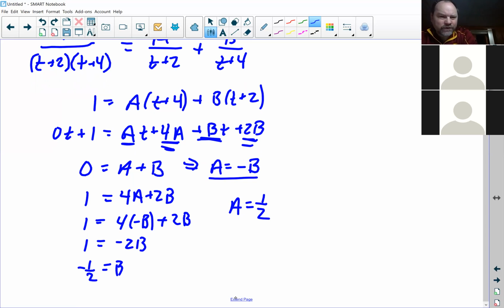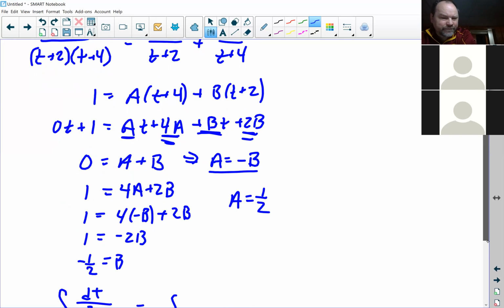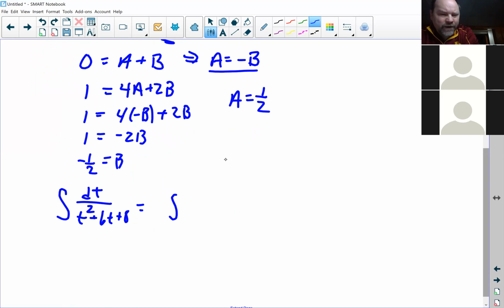So all of that work gets me to write the integral of dt over t squared plus 6t plus 8 as the integral, and I think I did it x plus 2. Yep, okay. So the 1/2 for A I'm going to write out front, and then the negative 1/2 for the B I'll write out front as well.